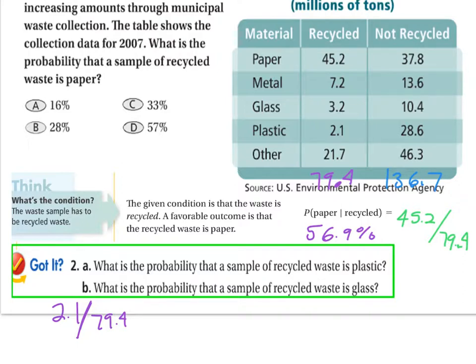And we get about 2.6%. And what's the probability the sample of recycled waste is glass? Well, we get 3.2 million tons divided by the 79.4. And that's about 4.0%. And again, the 0.0, even though it's nothing, is important because it shows that I did round to the nearest 0.1%.